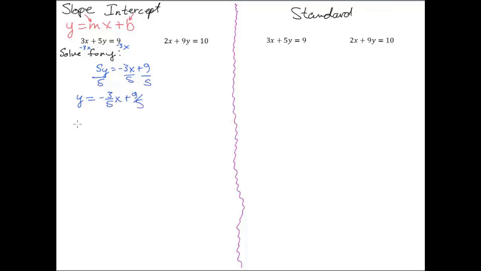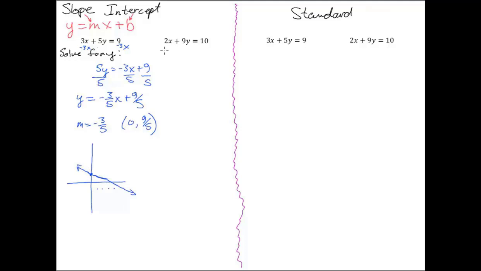We have the slope right there. Slope is negative 3/5. And then we also have the intercept right there, 0, 9/5. And we can graph the line just like that. 0, 9/5, that's almost 2. And then a slope of down 3, 1, 2, 3, over 1, 2, 3, 4, 5. And there's our line right there.